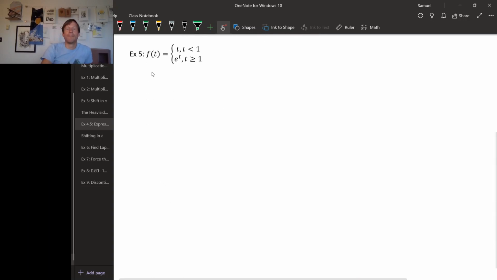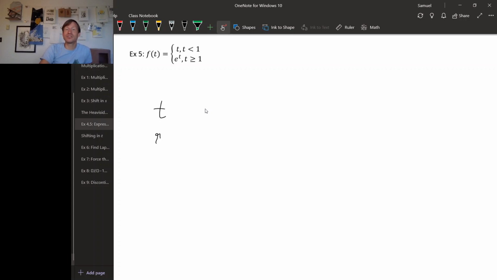Okay, now let's look at this example. For this piecewise function, it starts out for all t values below 1. It's just t, so we'll start with t. Now, at t equals 1, we need to turn this off. So we need to have some influence that starts at t equals 1. And so we need a step function that turns on at t equals 1.